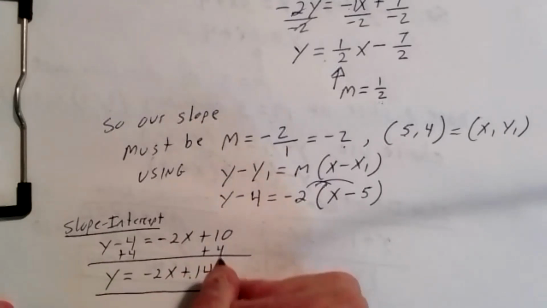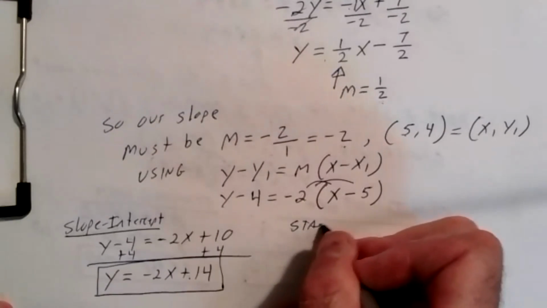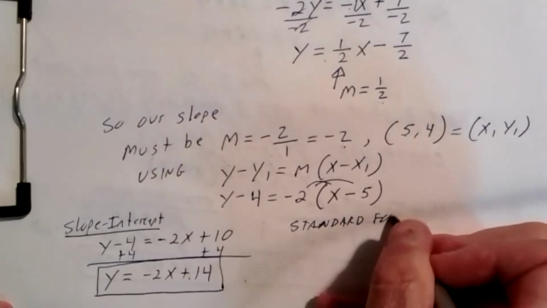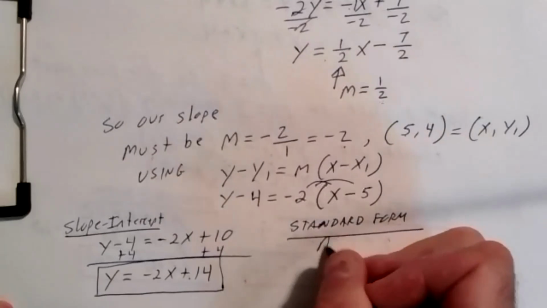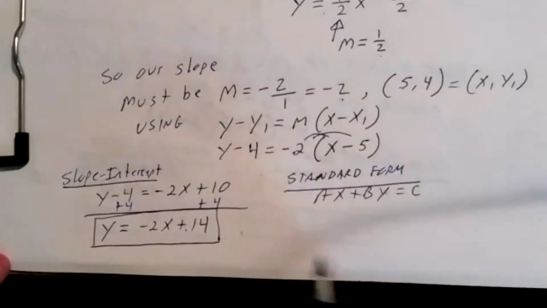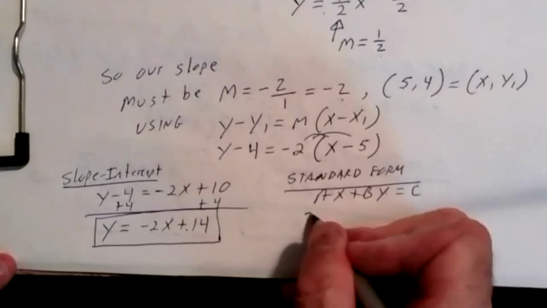That's your equation in slope-intercept form. Finally, they want our answer in standard form. Standard form is ax plus by equals c form. Meaning, if I use my slope-intercept form, I have to get x on the same side of the equation as y. To do that, we add 2x to both sides.